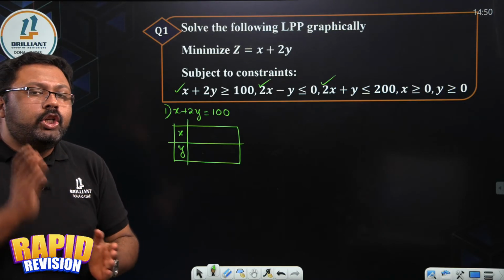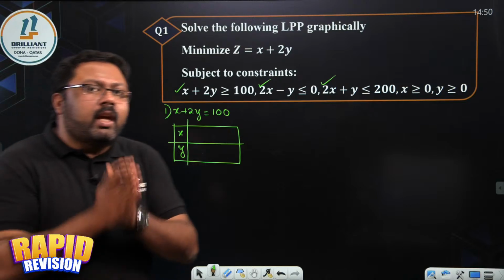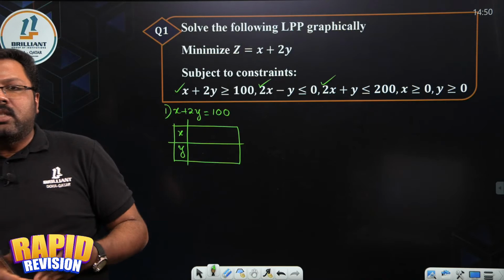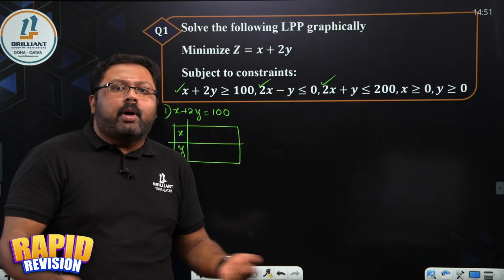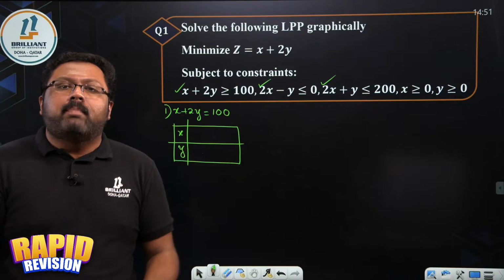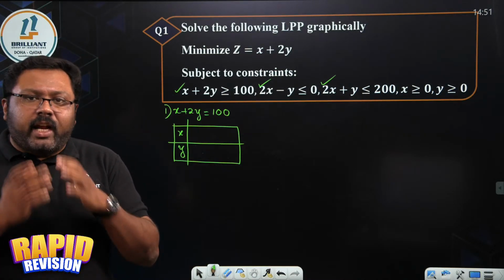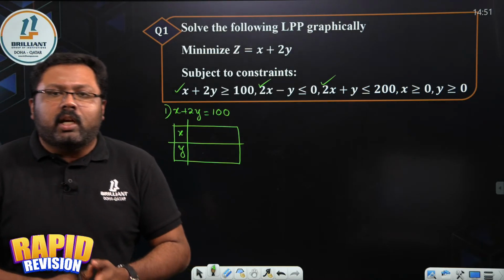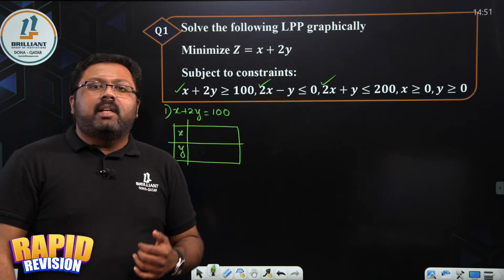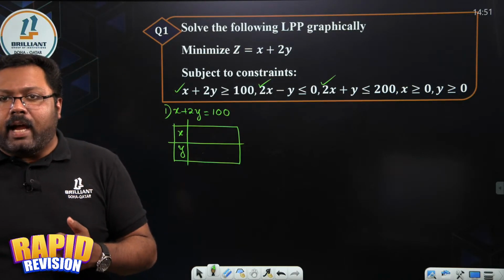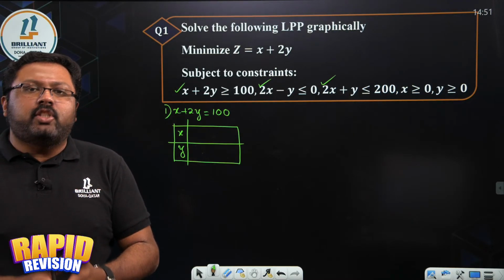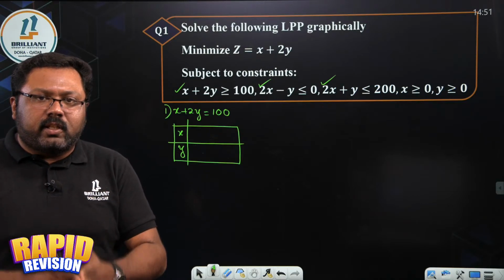I have seen papers where students go for random points because school teachers said to take some random points to draw the line on graph paper. But that makes it more difficult, because when you shade the feasible region, most of the time the feasible region lies along the axis. So the feasible region's corner points will be the points on the axis. We do not want to take a chance there. Let us draw the lines using points on the axis.